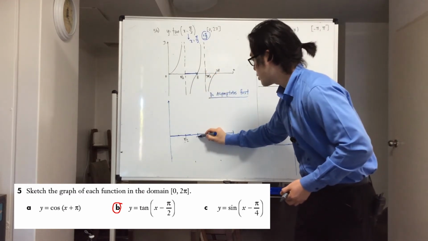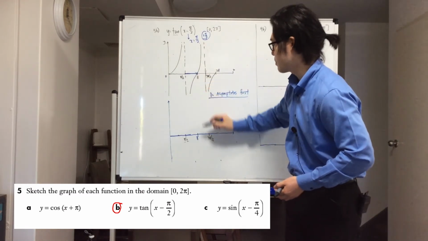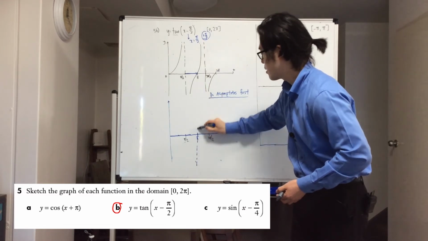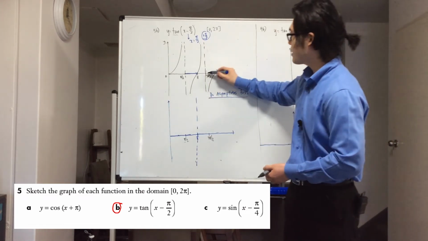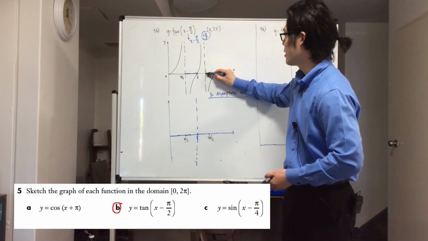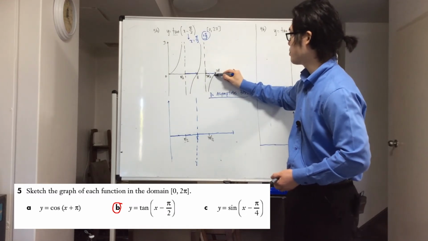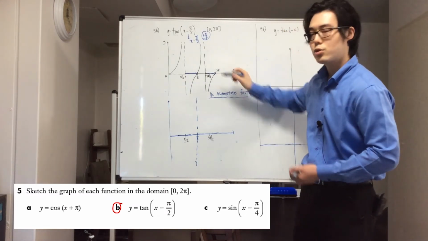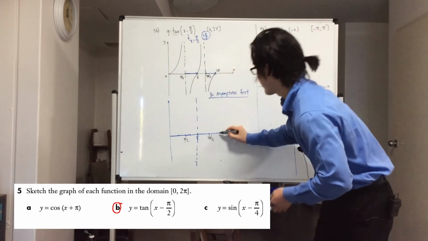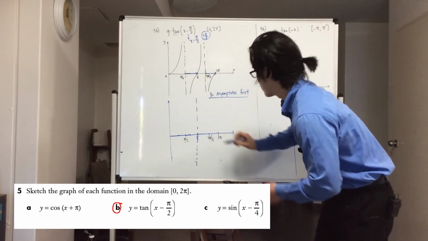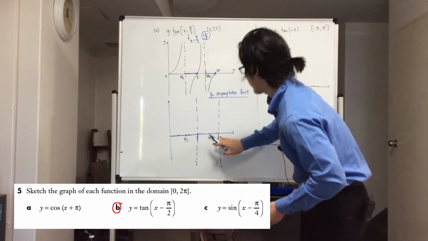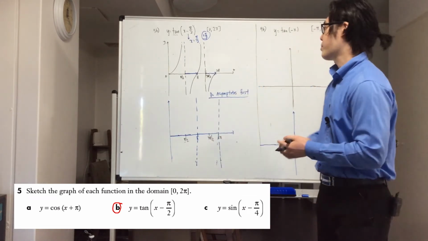So that's where my new asymptote is now. So instead of the dots being there, it's now at pi. Similarly, for 3 pi over 2, if I add pi over 2, I get to 2 pi. So this asymptote is now going to be at 2 pi. Okay, so you do your asymptotes first. It makes your life a bit easier.